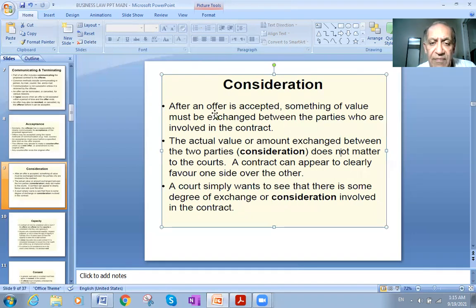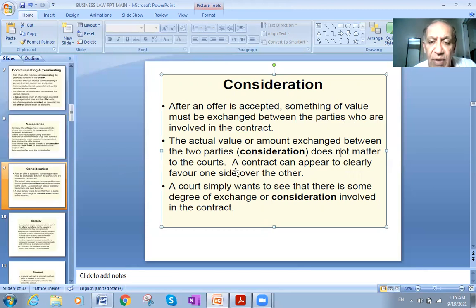After an offer is accepted, something of value must be exchanged between the parties involved in the contract. Because any contract must include something that will be exchanged between the seller and the buyer. Otherwise, why the contract? Why is it there? It's only because of this purpose.